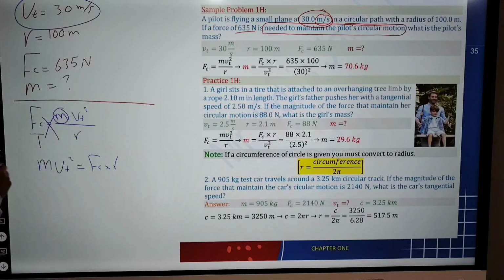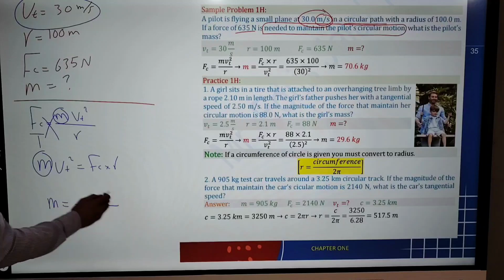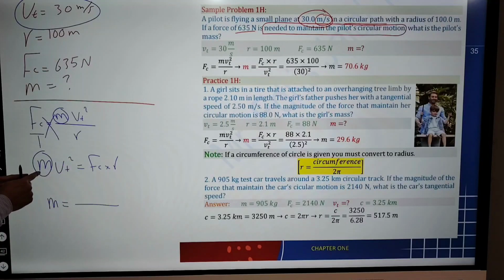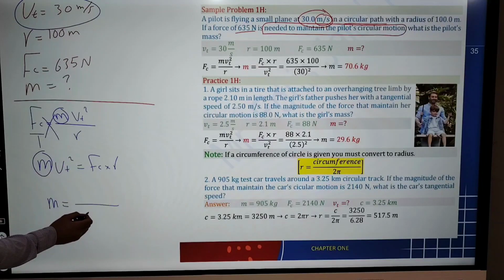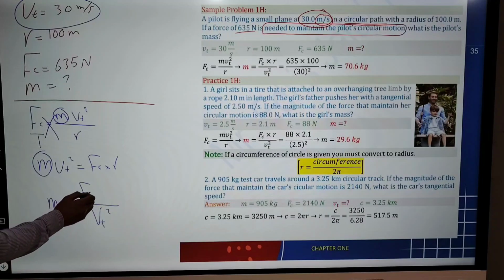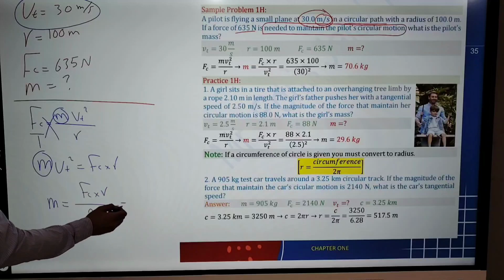To find mass, which is the unknown, take mass out, and the variable with the unknown is always taken to the denominator. What remains in the denominator? Fc times r.